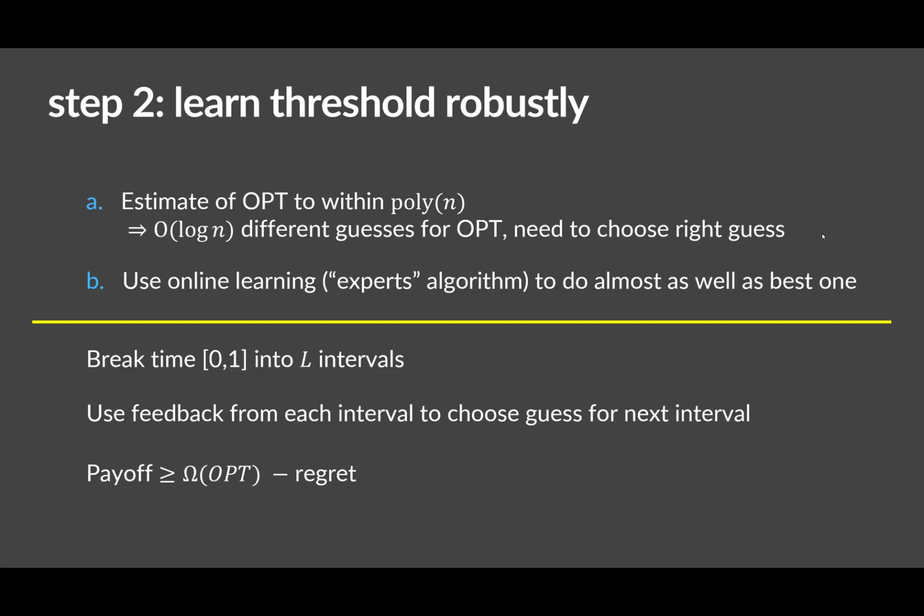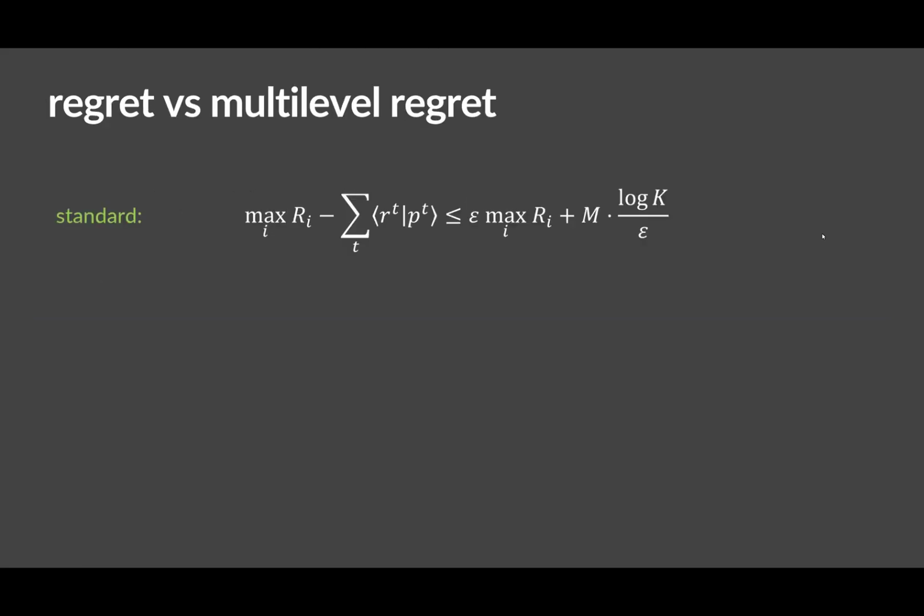Okay. So I want to control the regret. How much? So the usual thing, this is a mouthful. I'm giving you the black box guarantee. R stands for reward, R_i stands for the reward of expert i. This is the best expert in hindsight. This is my performance.